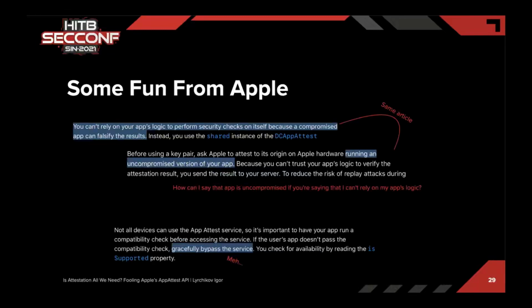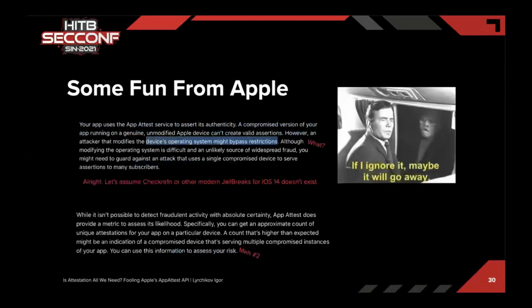How could you say that it's not tampered from the very beginning? Yeah, on this screenshot we can see a kind of unclear acceptance of the fact that they can't do much against jailbreaks in terms of detection. And somehow you need to figure it out on your own, probably.